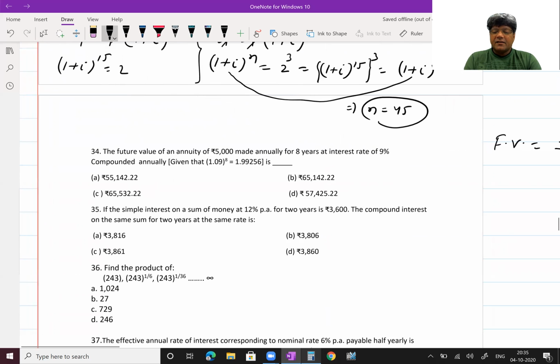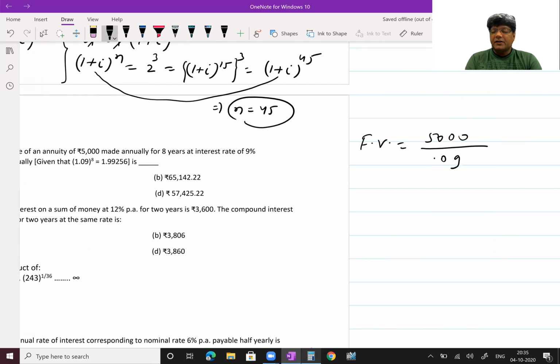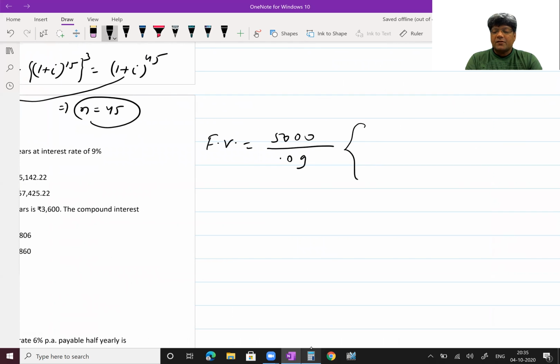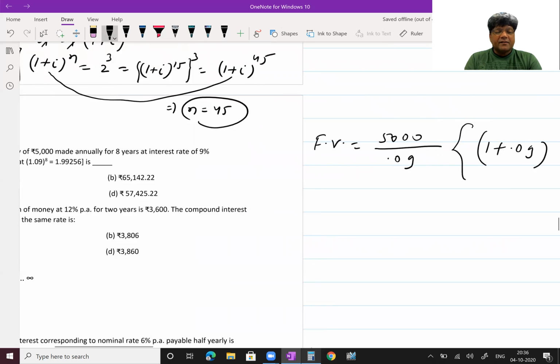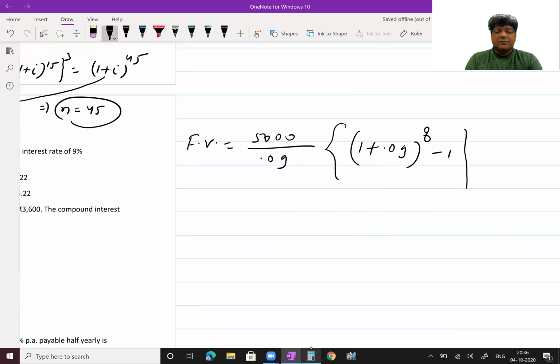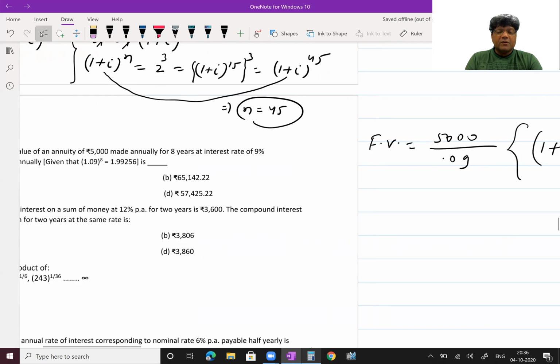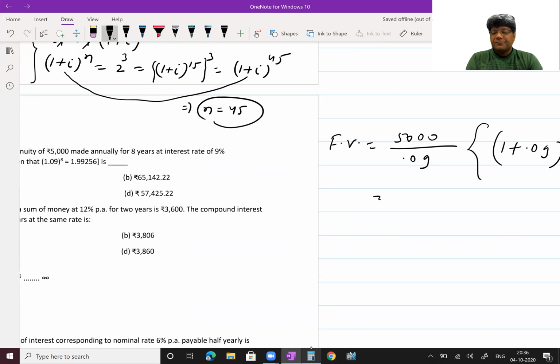Our interest rate 9% compounded annually, 0.09 i into formula is what? (1 + i)^n. And how much? 8 years. Minus 1. That's it. Question has supplied the value 1.09 to the power 8 is equal to 1.99256.